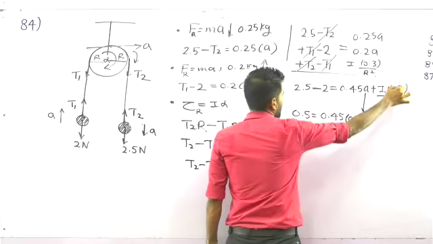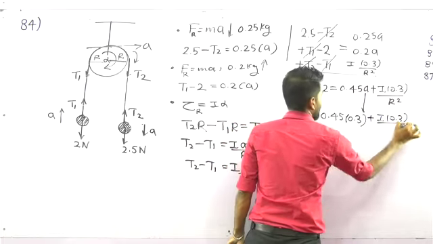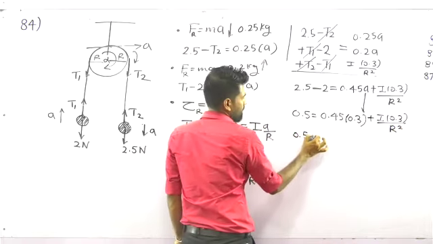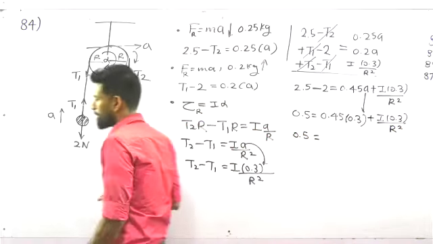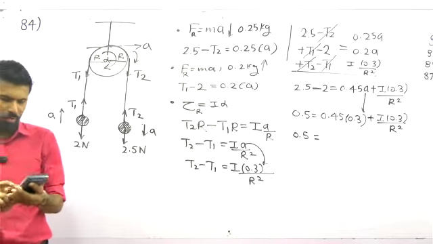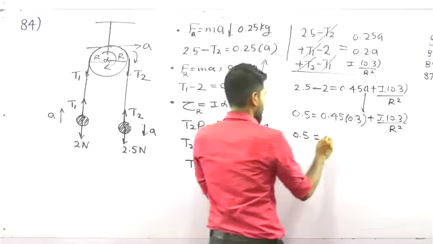Acceleration is 0.3, it's already substituted at the other place also. 0.3 over R square. Okay. 0.5 is equal to 0.45 into the acceleration. As acceleration is 0.3, 0.45 times 0.3 is 0.135.